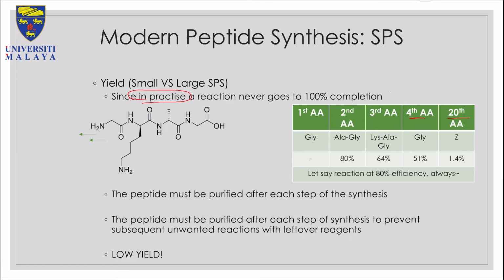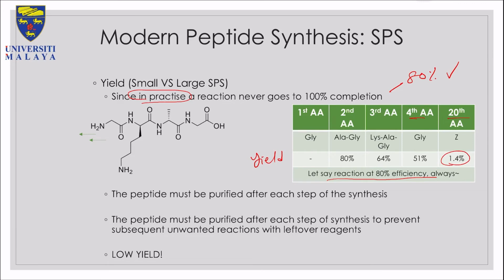Even if you get 80% completion, it's already good enough. So imagine if you want to synthesize 20 amino acids, and let's say each reaction has 80% efficiency. So how do you calculate the yield? By the end of the 20th amino acid, the maximum yield that you can get is 1.4%.